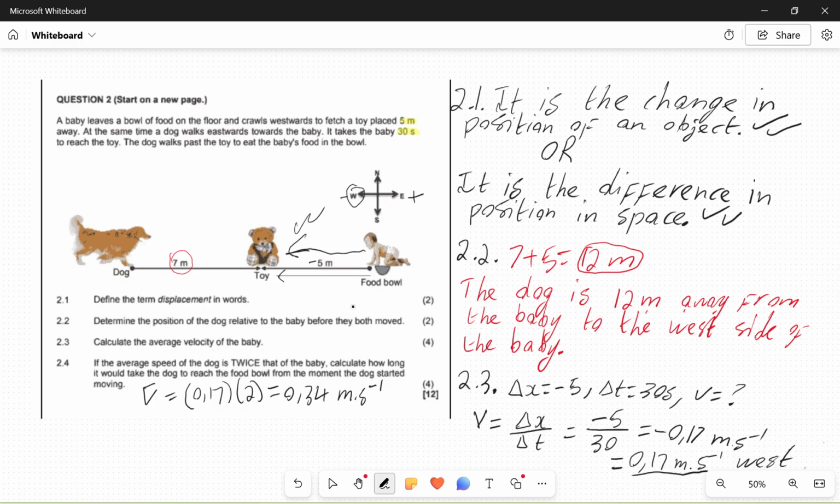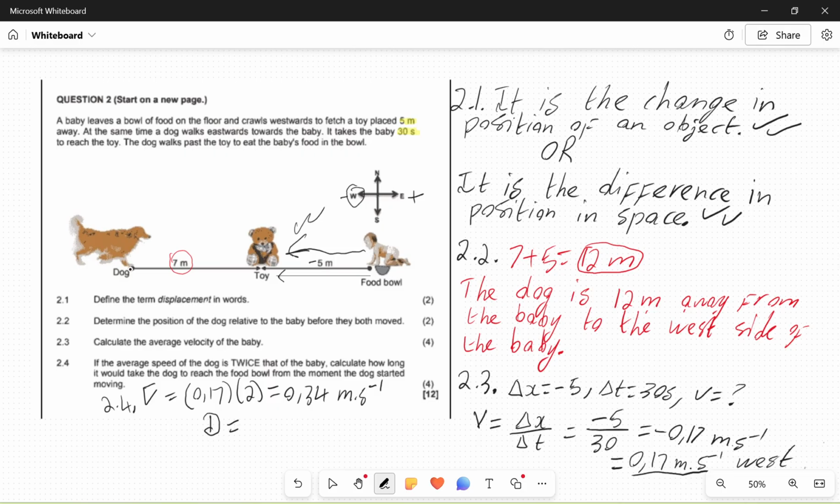Okay, and now that we're done with finding our average speed, we will move on to listing another piece of information. The other thing we need, this is 2.4 by the way, is the value of the distance.